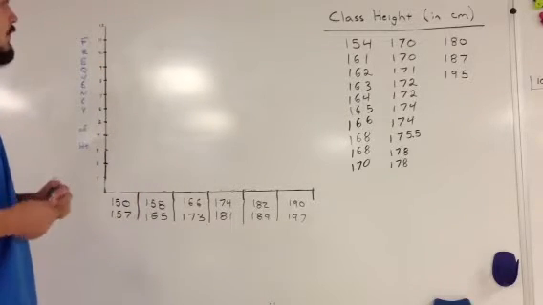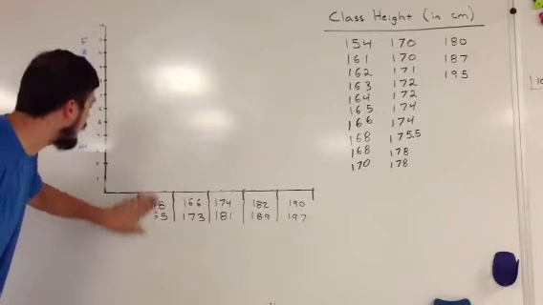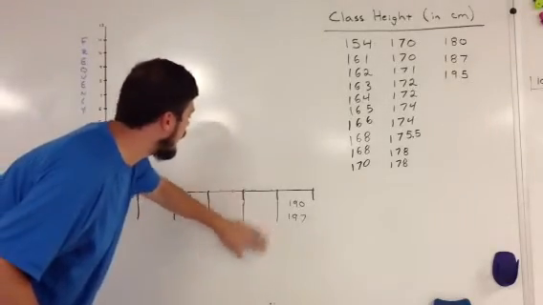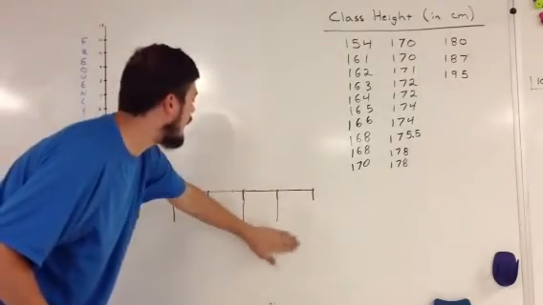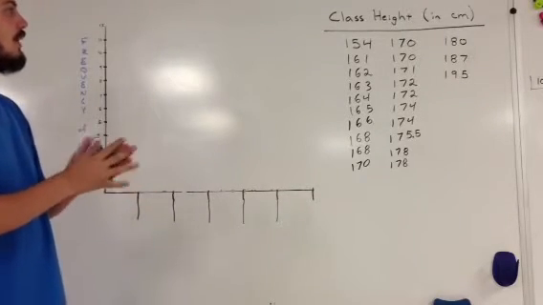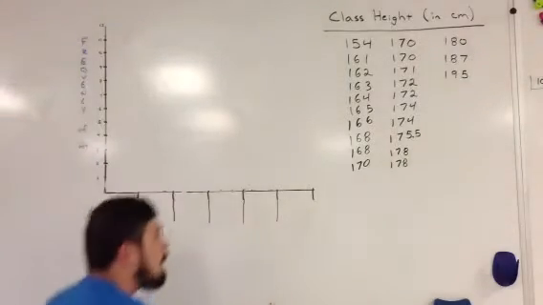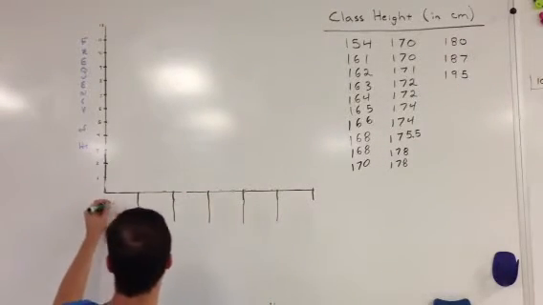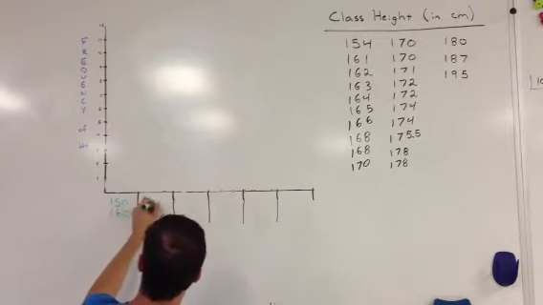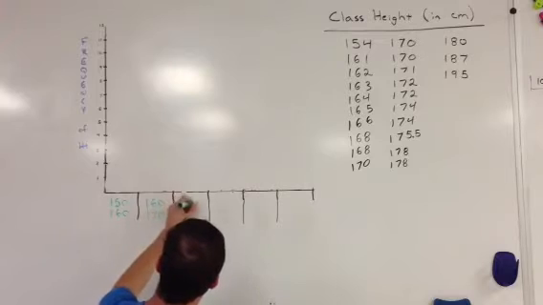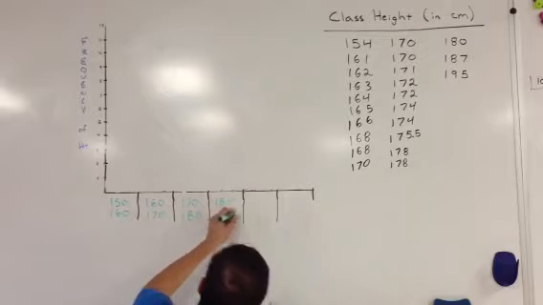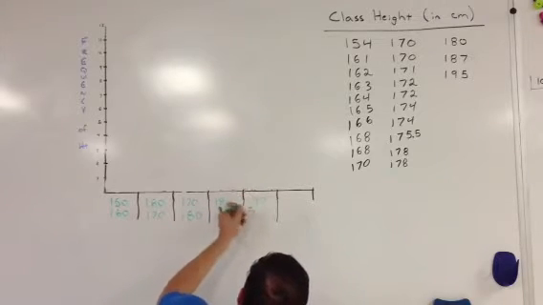So what we're going to do is take our histogram and make two different bin sizes. We're going to start with a bin size of 10 centimeters, and then we're going to go into a bin size of 8 centimeters, and look at the difference between what those two might do. So in this first one, if we're going up by 10, we're going to say 150 to 160, 160 to 170, 170 to 180, 180 to 190, and 190 to 200.